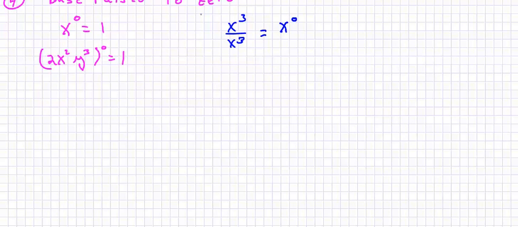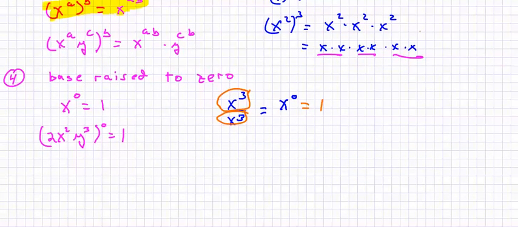But since this number, x to the third, and this number is the same, we divide the two numbers that are the same, we're always going to get 1. So anytime we raise a number to the 0 power, we're going to get 1.